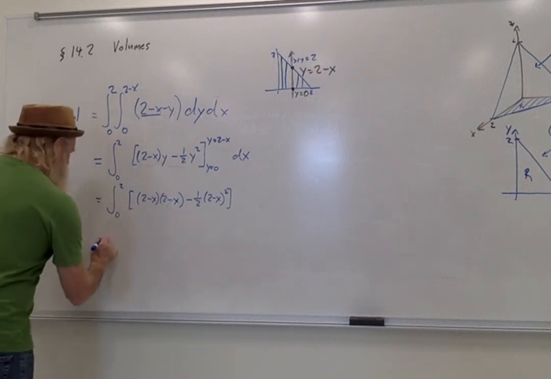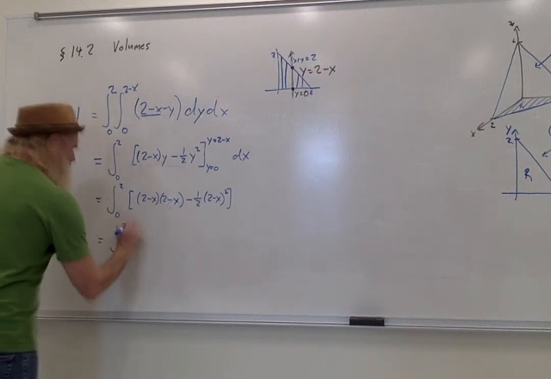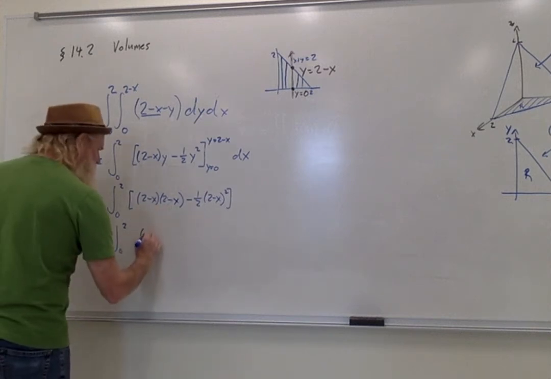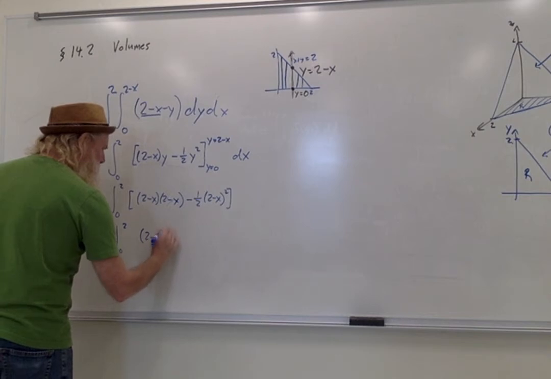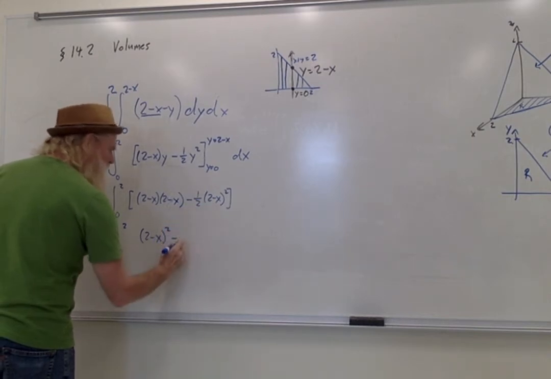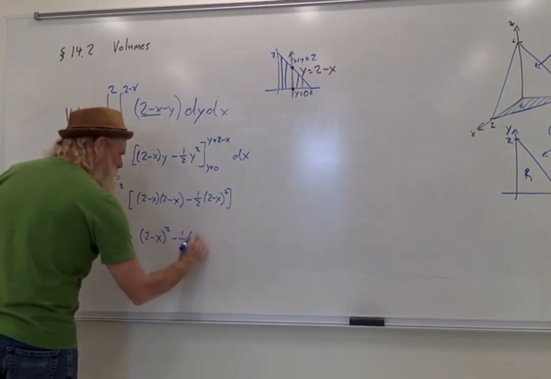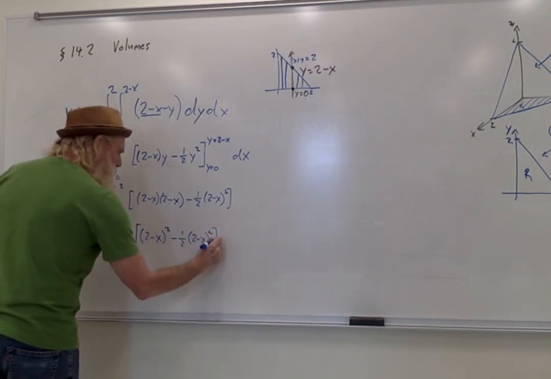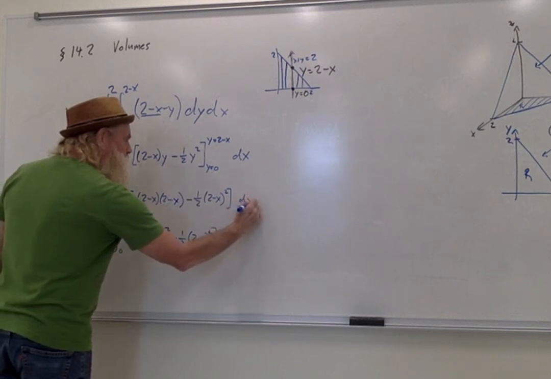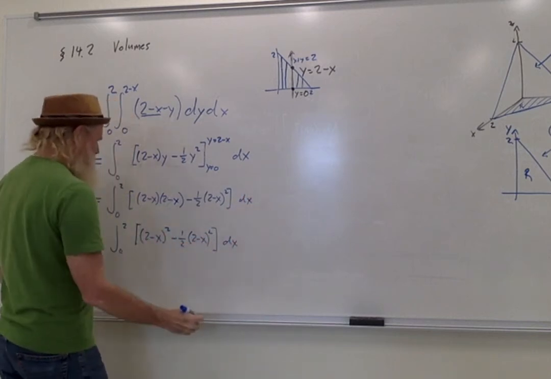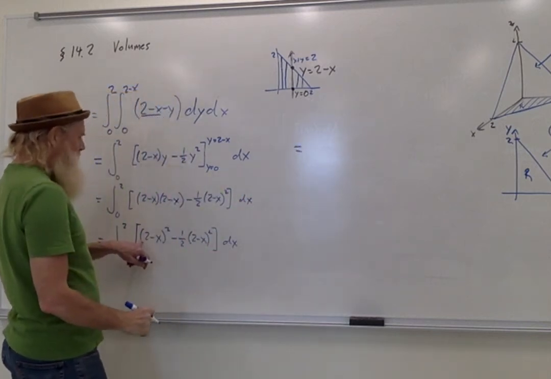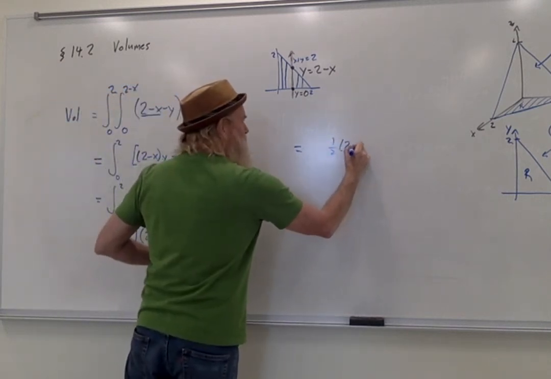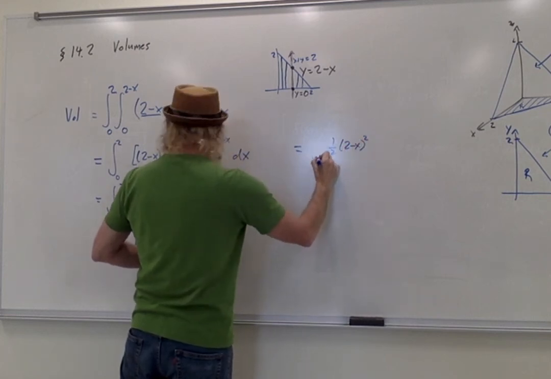Well, let's look at this. 2 minus x times 2 minus x is the same as 2 minus x squared. And I'm subtracting half of 2 minus x squared. So 2 minus x squared minus half of 2 minus x squared is half of 2 minus x squared.